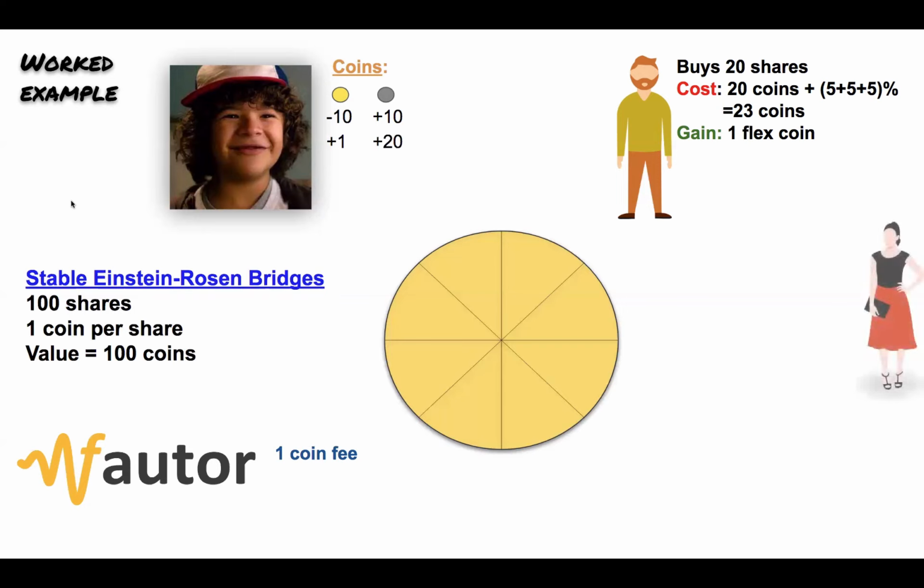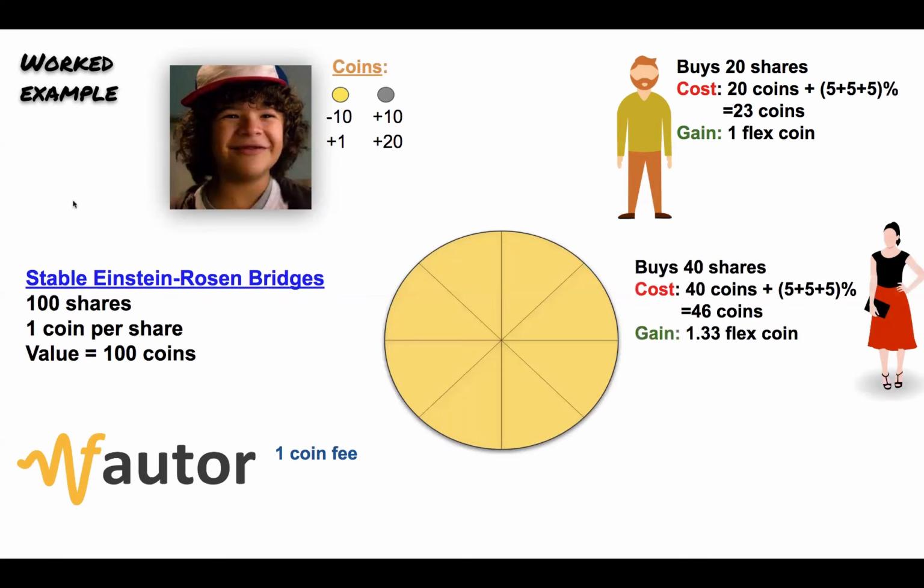So let's take a second person, Jessica, and Jessica comes and buys 40 shares now. So again, Jessica has to pay 40 coins for the share value, but also 15% fees. So 5% go to the founders, but now this 5% is split between John and Jessica.